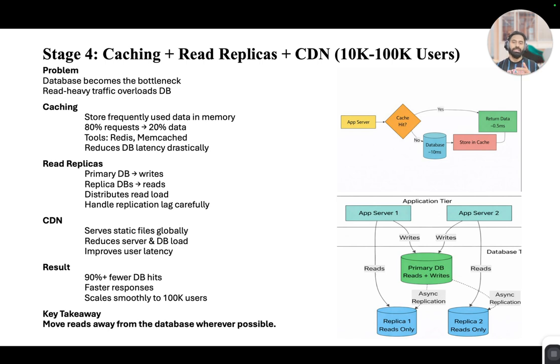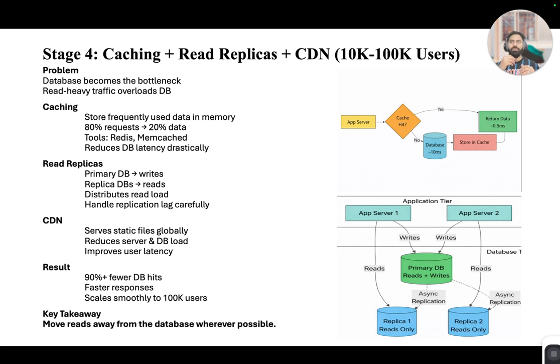So what are read replicas? In read replicas, one primary database handles all the writes and update requests, and there will be multiple read replicas that handle the read queries, because in a real application, read queries are more than the write or update queries.